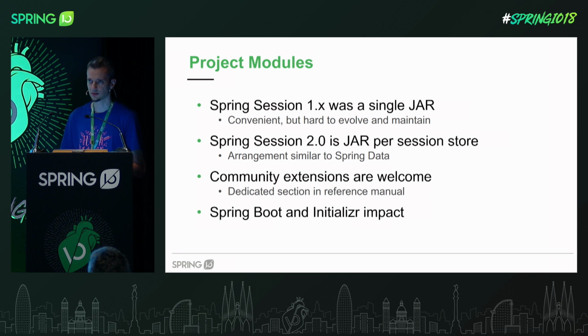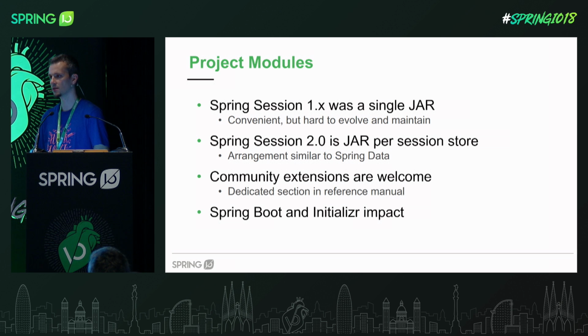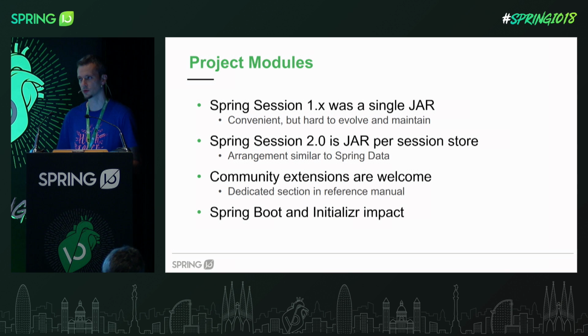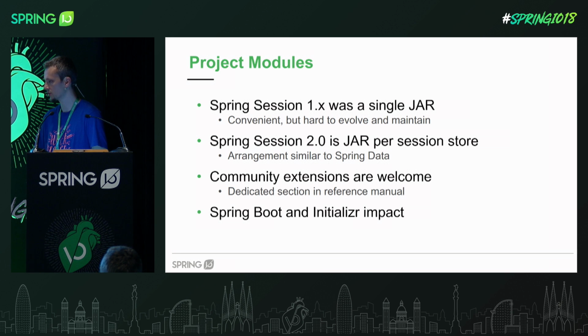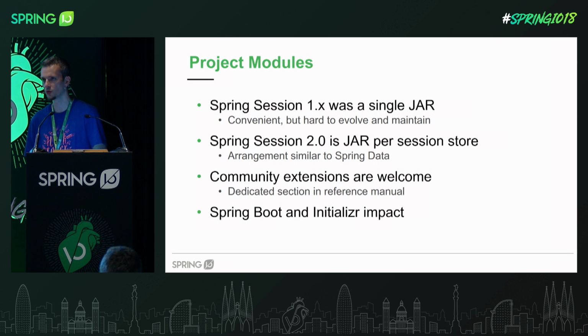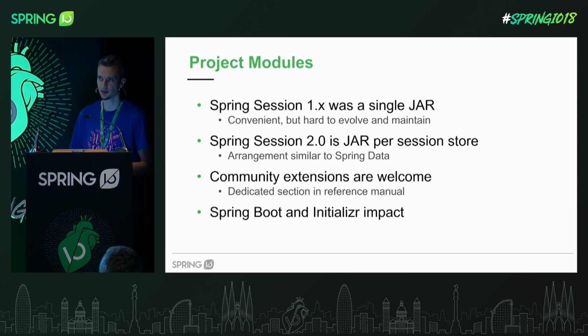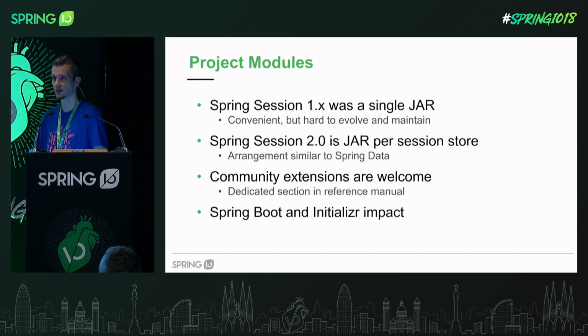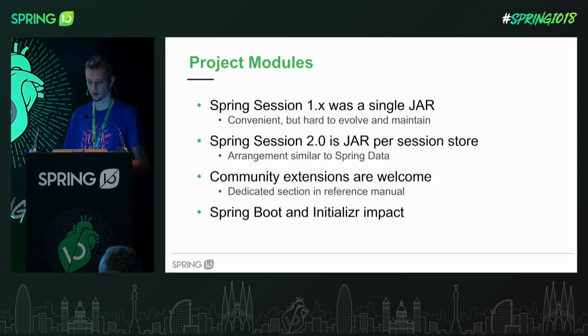So early on, Spring Session had quite an ambitious goal of providing all sorts of session repository. Spring Session 1 in this, like I mentioned, single jar had support for Redis, MongoDB, Gemfire, JDBC, Hazelcast. And we had an ongoing pull request to add support for Cassandra and CouchDB and possibly something else, and a ton of issues to add support for even more repositories.